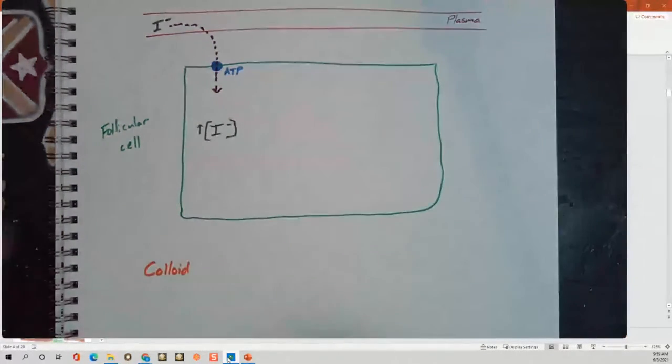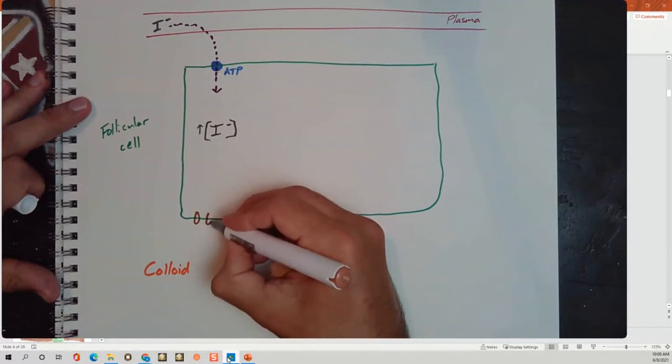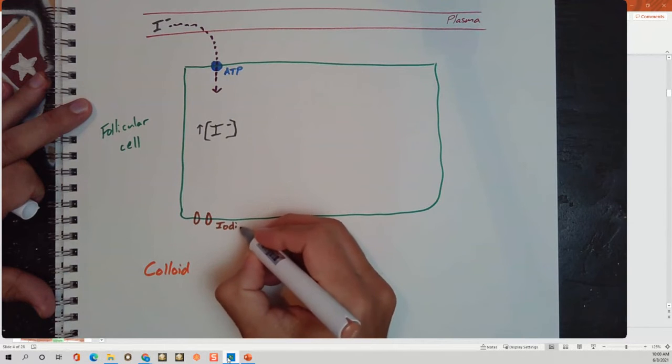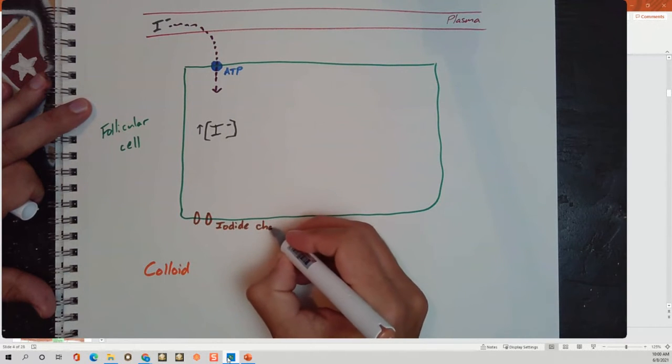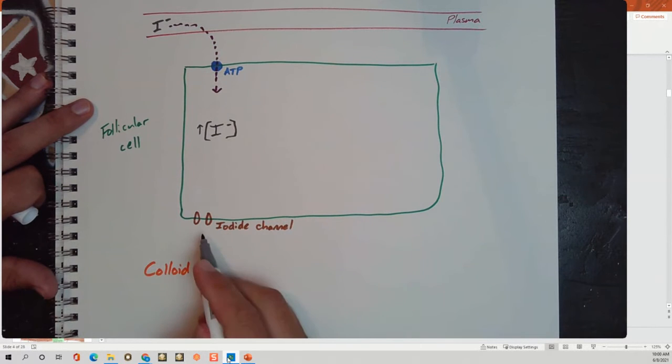What now if I had a channel for iodide on this side of the world? What can happen to iodide now? If I just have an opening for iodide, it specifically allows iodide to pass through it.